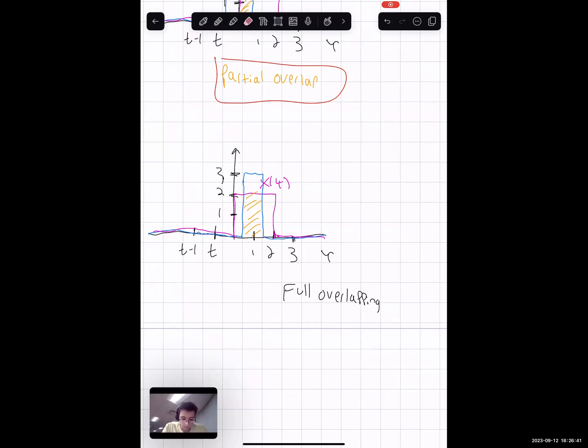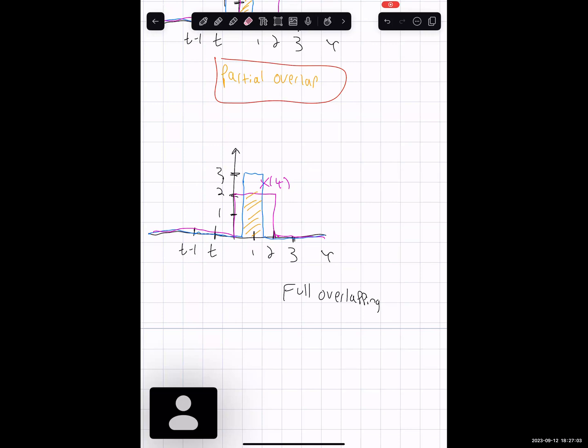Whether it's no overlap, partial, or full overlap, based on whether they fit these three criteria, will affect how we take the integral. We need to find the overlap to get a continuous function to represent it. Does that make sense?